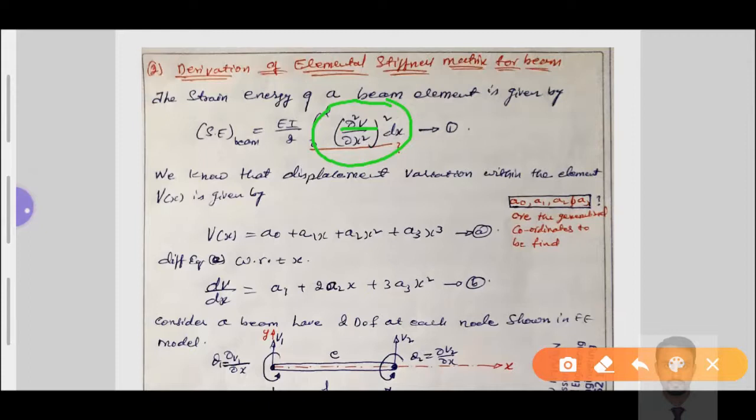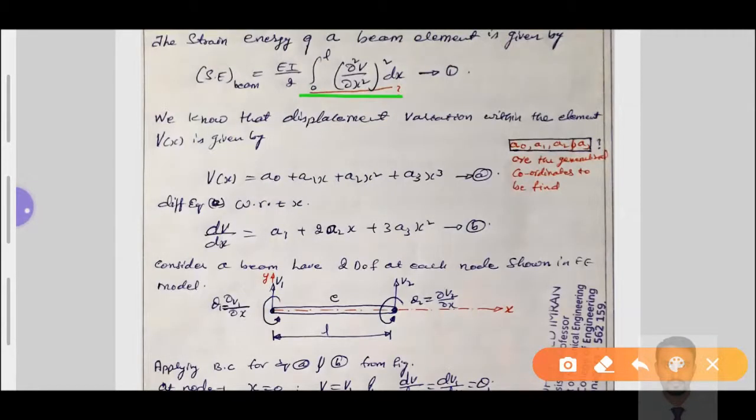We need to find this value, then bring in the generalized equation, and in terms of the stiffness matrix we will find the stiffness matrix with the help of these unknown parameters. We need to find ∂²v/∂x² whole squared, and to do that we need the function of v, the transverse displacement.